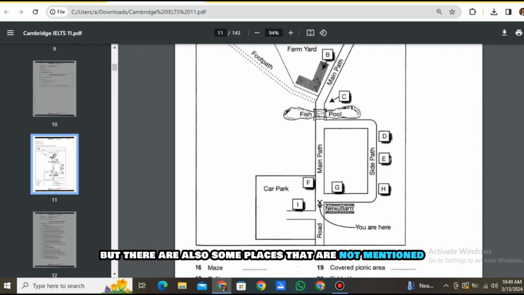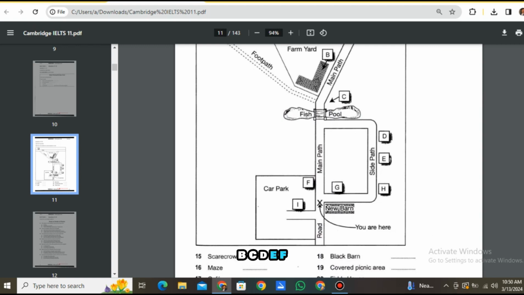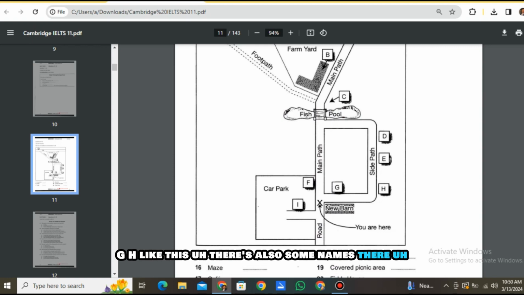But there are also some places that are not mentioned by name. They are mentioned by A, B, C, D, E, F, G, H, like these. And there's also some names there. These are the questions 15, 16, 17.